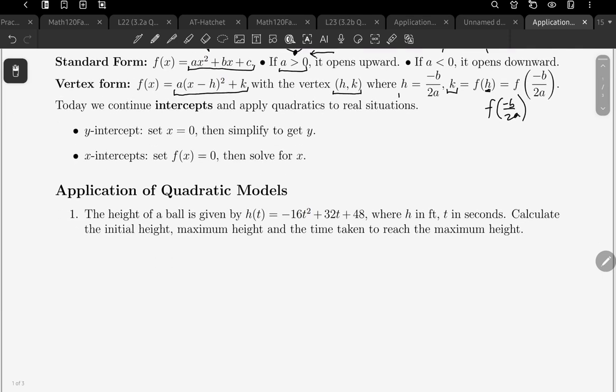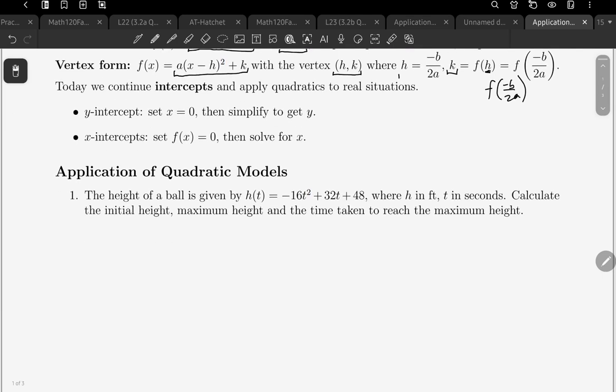So now the application problems that we are faced with here. In most application problems, especially when we are talking about height or things like that, the vertex form will look like, if it is height, h of t is equal to a into bracket. Now we are using t as the independent variable instead of x.